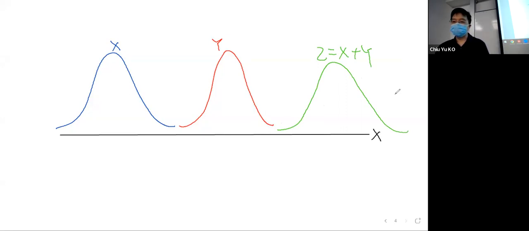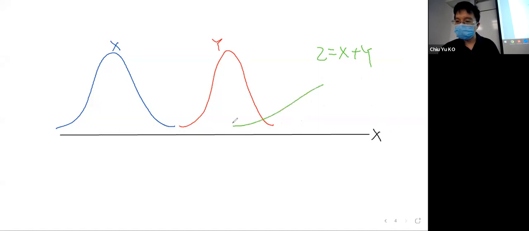Of course, it should be more spread out, because the variance is much larger. I should be a little bit more careful if I want to draw this.